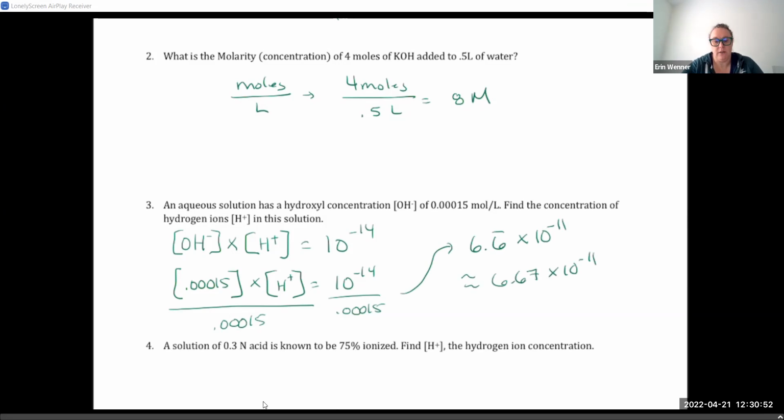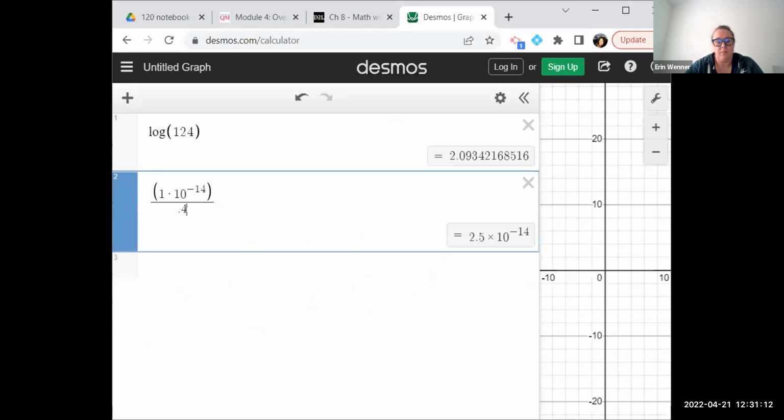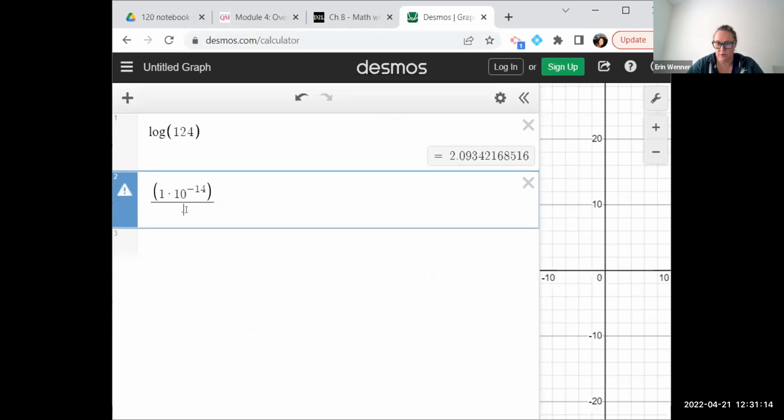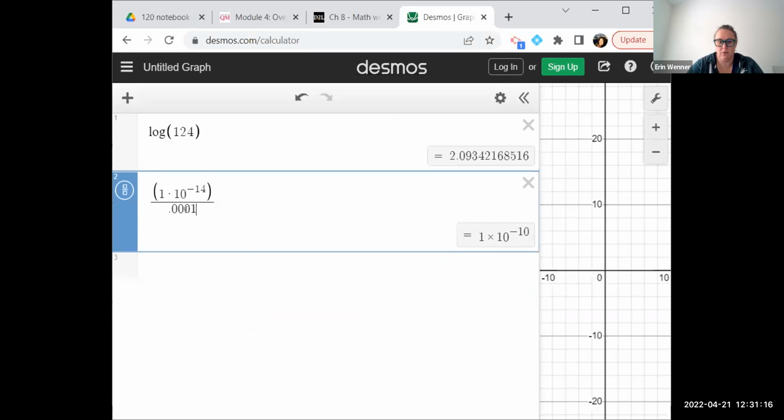When you're plugging into your calculator, make sure you're being careful of putting that 10 to the negative 14th as your entire numerator, or 1 times 10 to the negative 14th. So again, if you look at our last calculation, instead of putting 0.4 down here, I'm going to put 0.00015, and you can see how that calculates out.